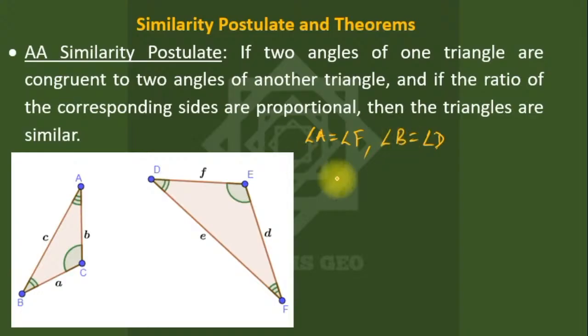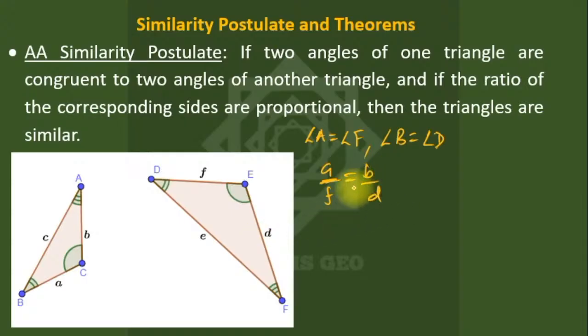Then we check the ratio of the corresponding sides. The side opposite angle A corresponds to the side opposite angle F. Which one do we use next? Angle B here is opposite that, while angle D is opposite.